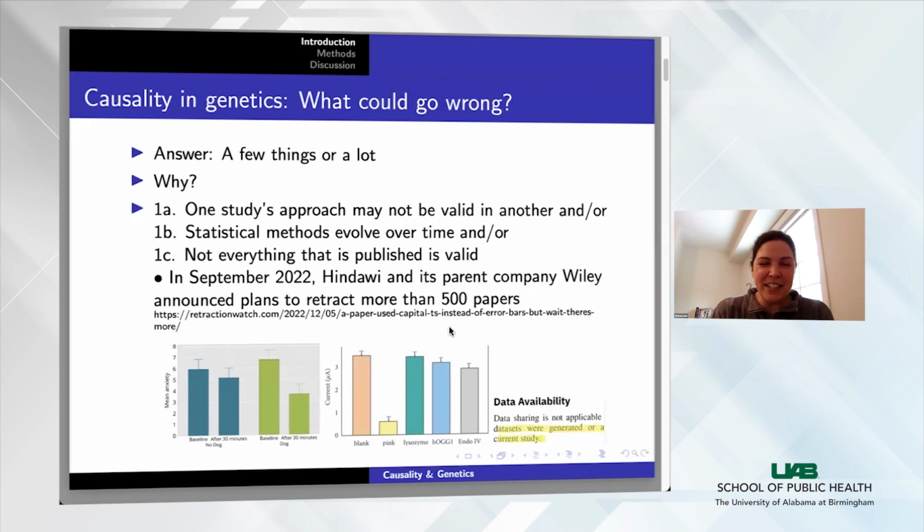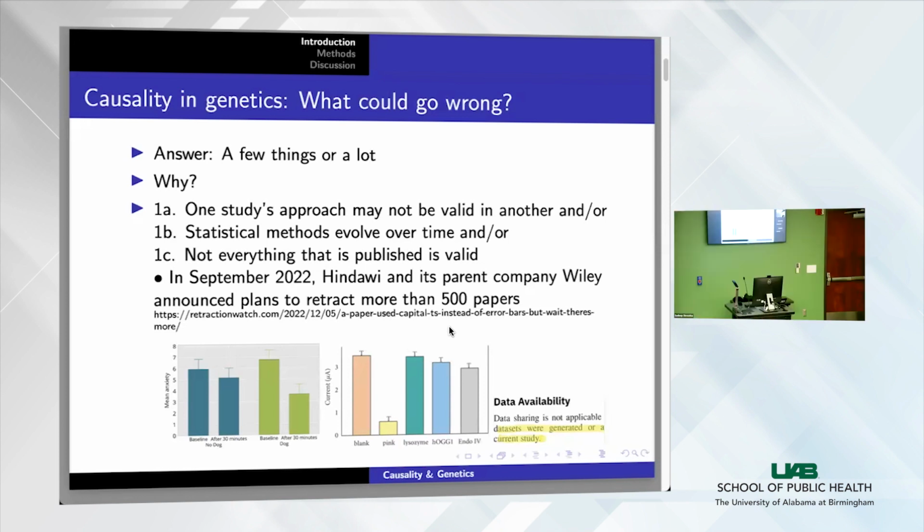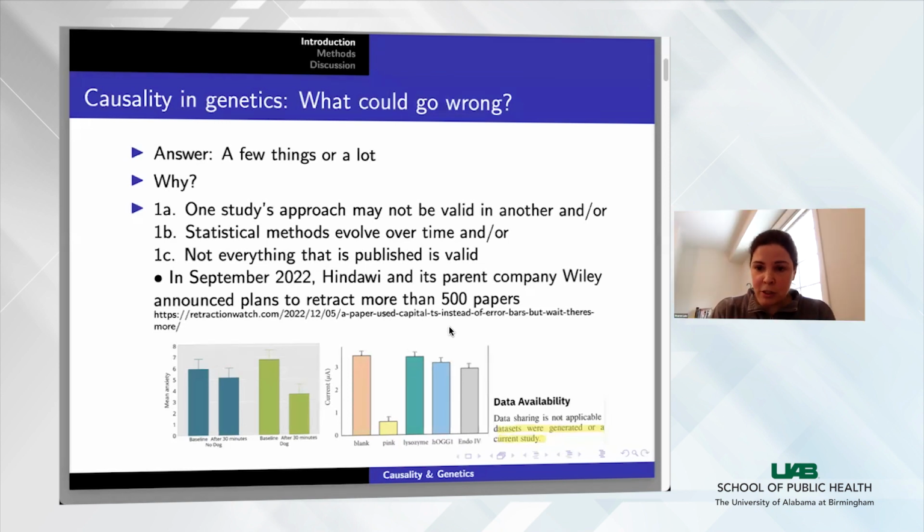This can be kind of interesting to think about, but in September 2022, and this kind of blew up around Thanksgiving about a year ago, Hindawi, a parent company of Wiley, sorry, started to retract more than 500 papers. And one paper in particular really blew up on Twitter for kind of a funny reason.